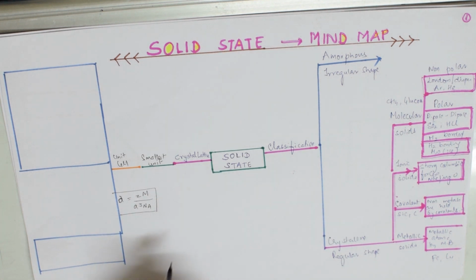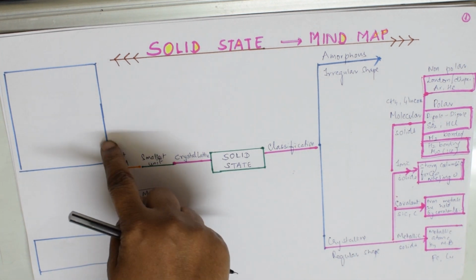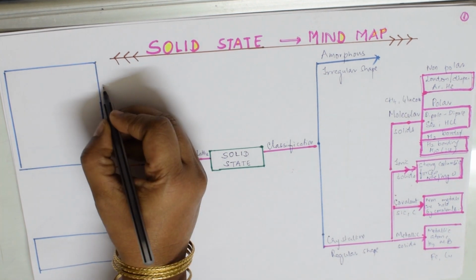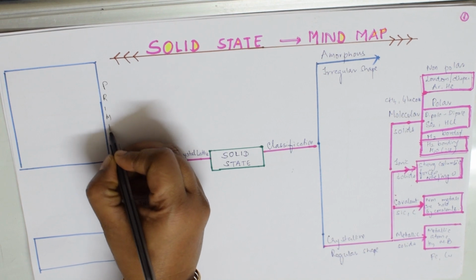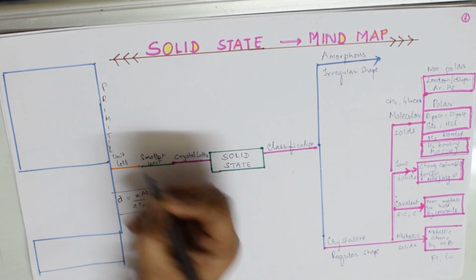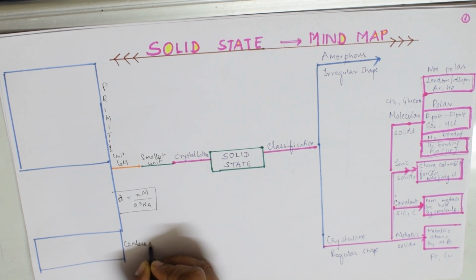Na is the Avogadro number. Done. So again, unit cells are classified into primitive unit cells and centered. The first category is primitive, the primitive unit cell. The second category is nothing but centered unit cells, right?